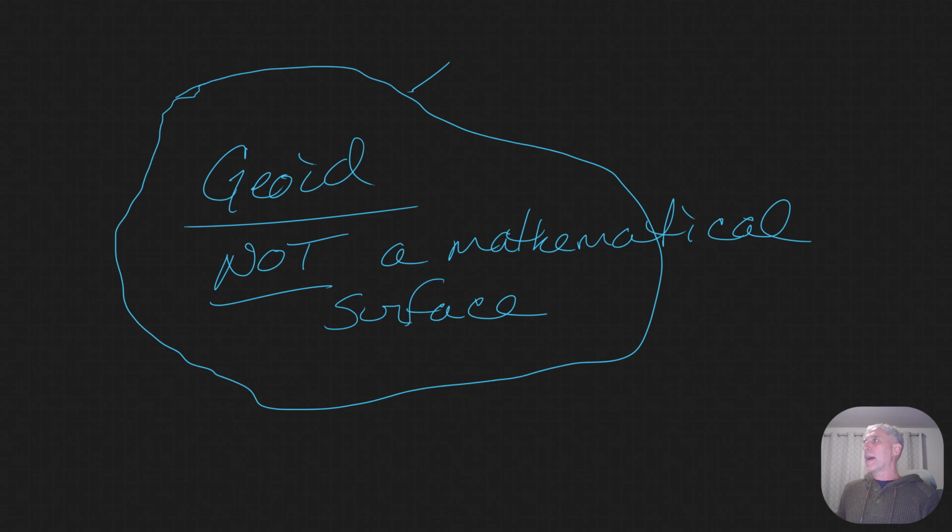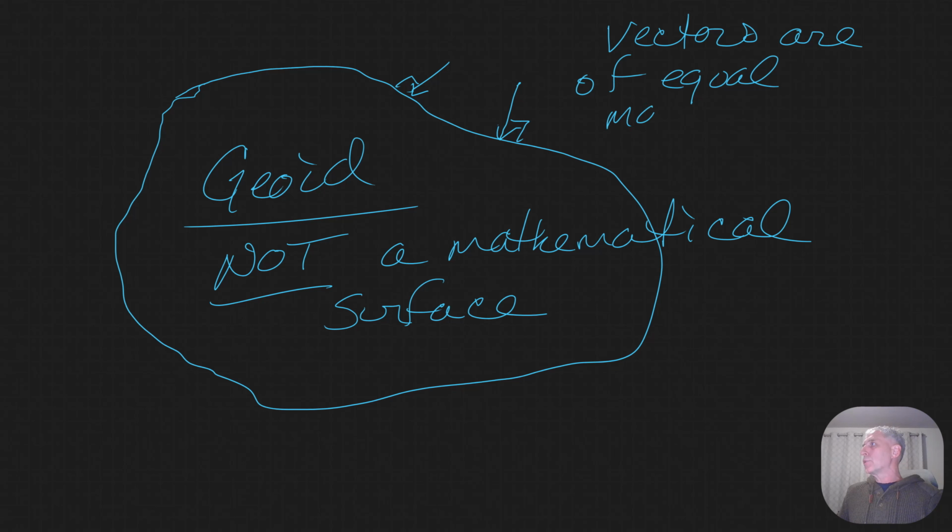So we have these vectors that are everywhere perpendicular. And since it's an equipotential surface, the vectors are of equal magnitude.